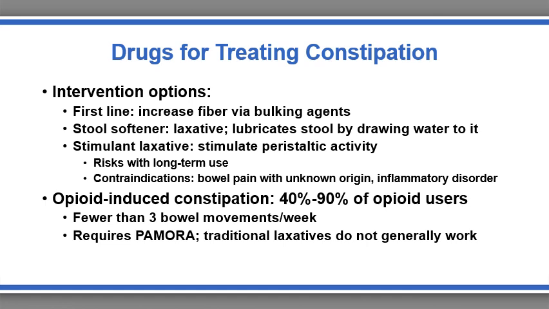Sometimes if the traditional laxatives do not work, an individual who, for whatever reason, has to be on an opioid a little bit longer may need to take this in order to reverse the negative effects of the constipation. And again, note the contraindications for those particular medications as well.